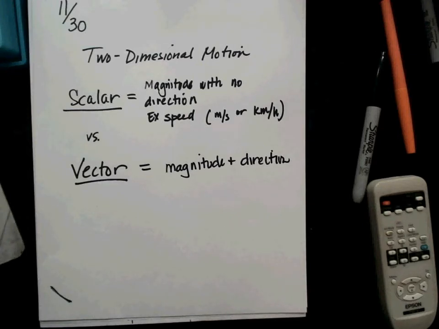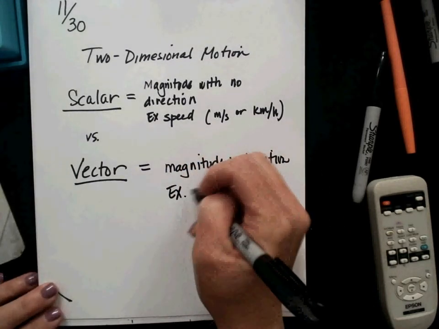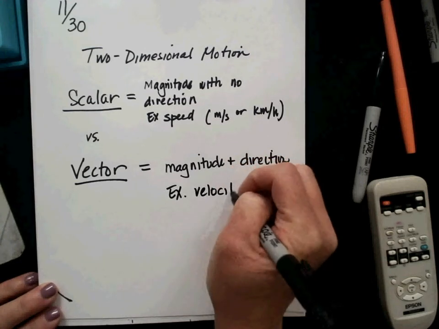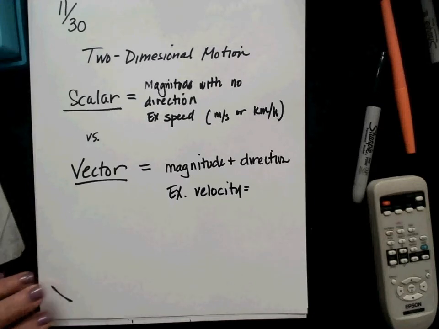Direction. So my example here, since he used speed, I'm going to use velocity. What's the shortest explanation you can have of velocity?